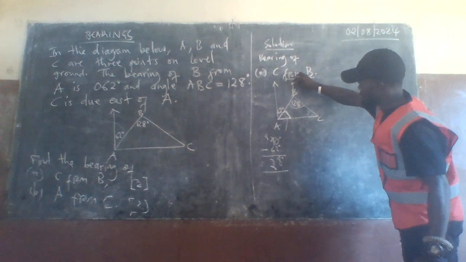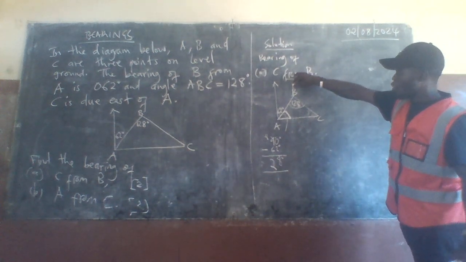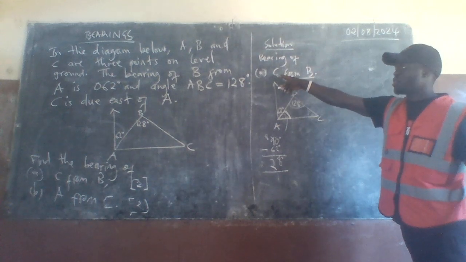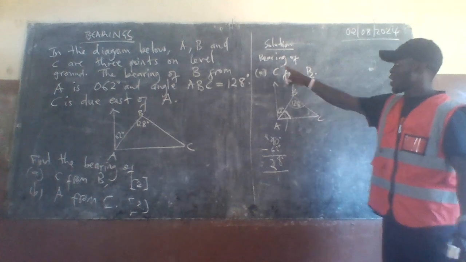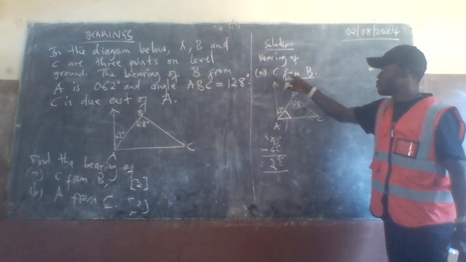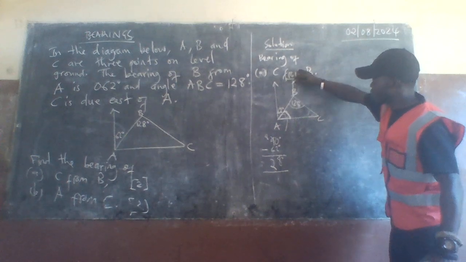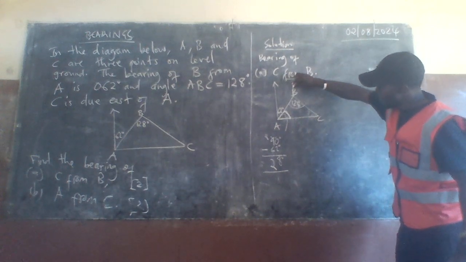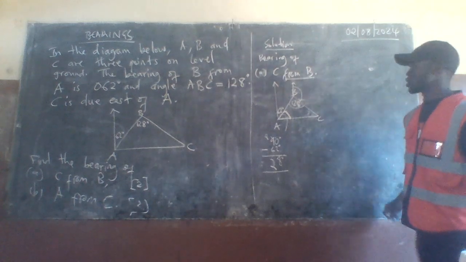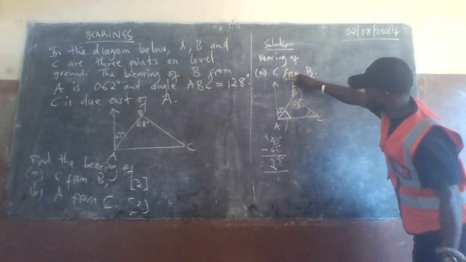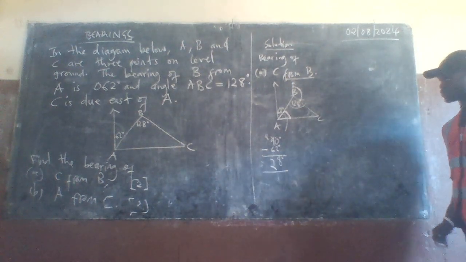Draw a north line, and then from the top, go and meet the other line which has been said to be C. So go on the from part, draw a north line, and then from the top, make an angle to meet the other line which is C. In this case, we are looking for this angle. So this is the bearing we are looking for.